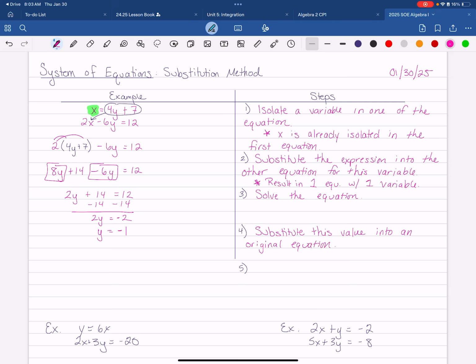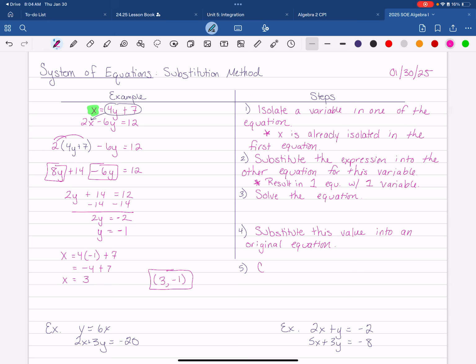So I'm going to have x equals 4 multiplied by negative 1 plus 7, which gives me negative 4 plus 7, which is 3. So my resulting ordered pair is 3, negative 1.